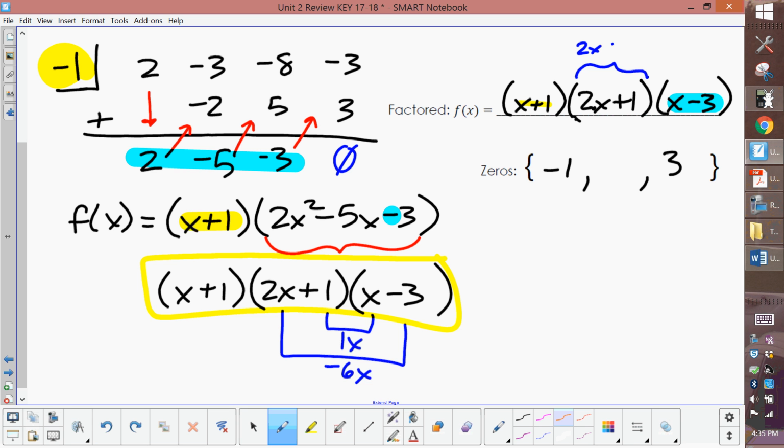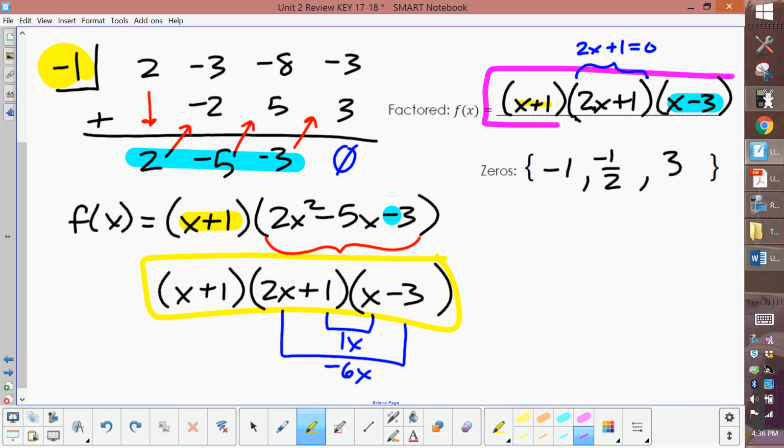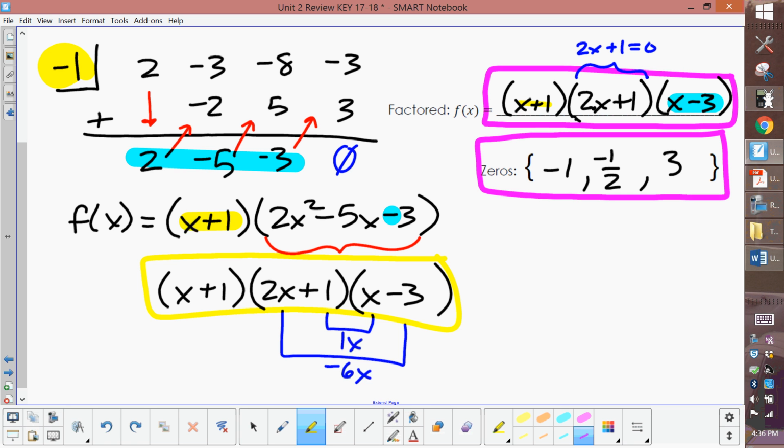When will 2x plus 1 equal 0? It's a two-step equation. Subtract 1 from both sides, divide by 2, and my final answer is negative 1/2. So these are the answers I'm looking for. Can you write it out in factored form? And can you produce the correct zeros? And we're done.